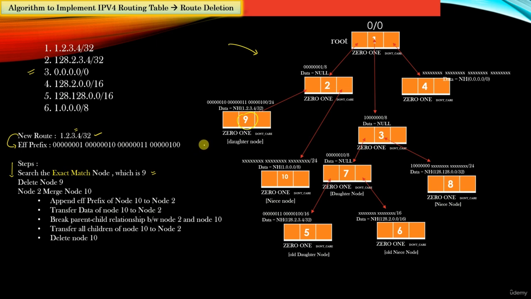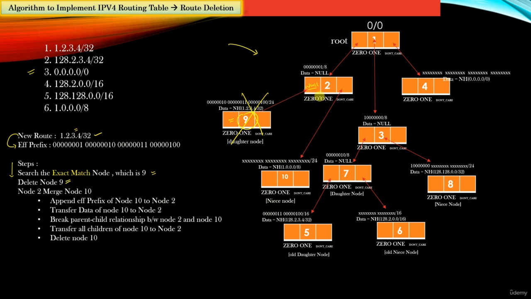After having located such a node, simply delete that node. So node number 9 is deleted straight away. Obviously, in the parent node you will adjust the pointer value to point to null because the child has been deleted. Now you can see that node number 2 is a half node.